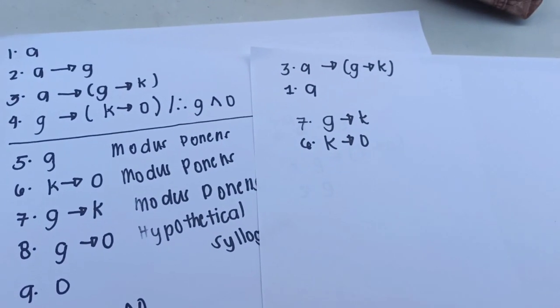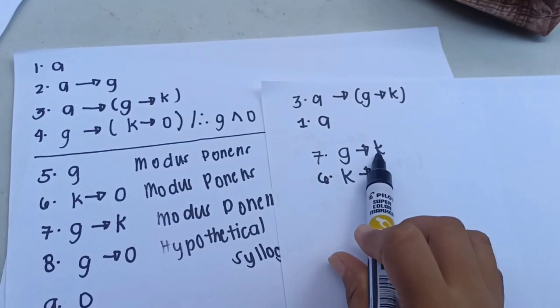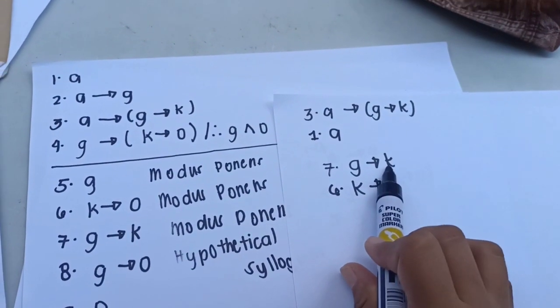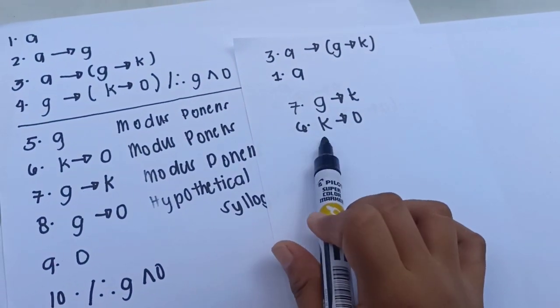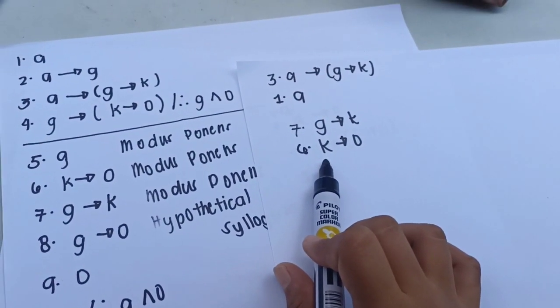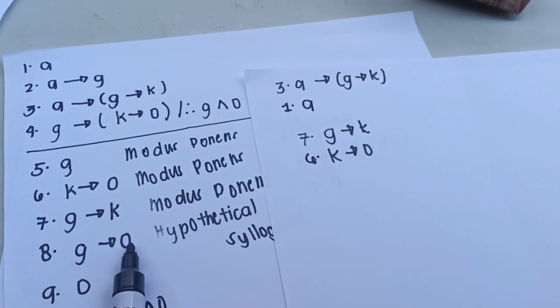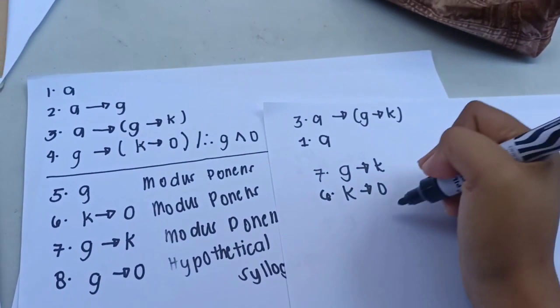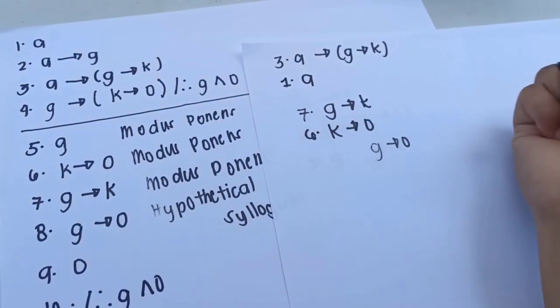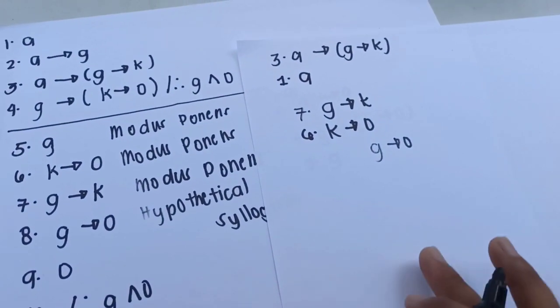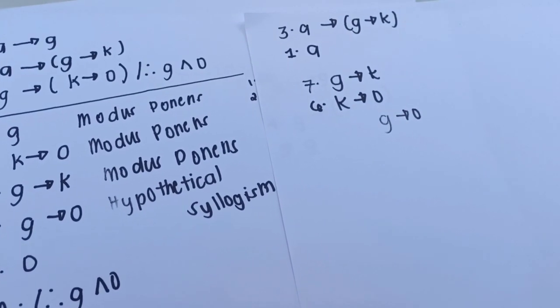So, yung K natin dito sa first statement is yung naging antecedent ng second statement natin. So that G implies O. Kaya naging hypothetical syllogism siya.